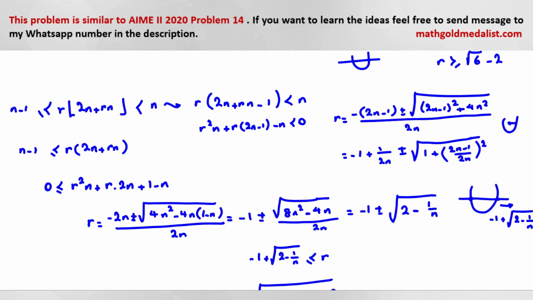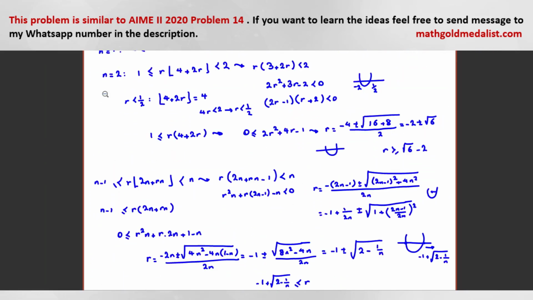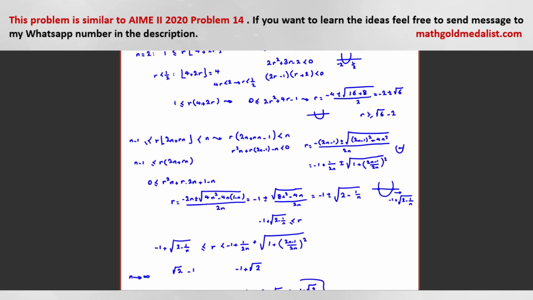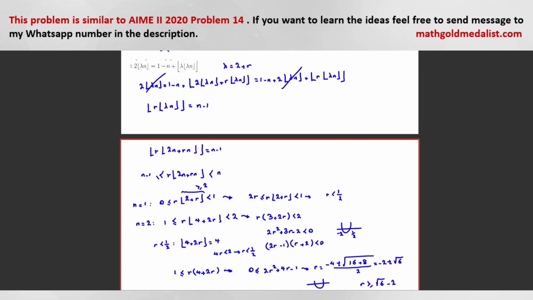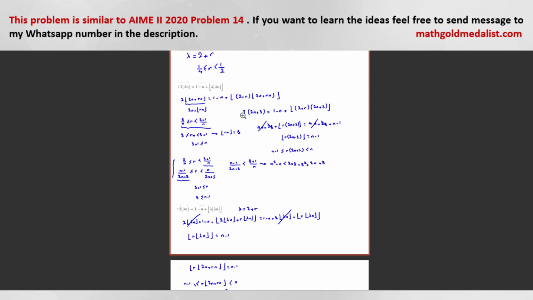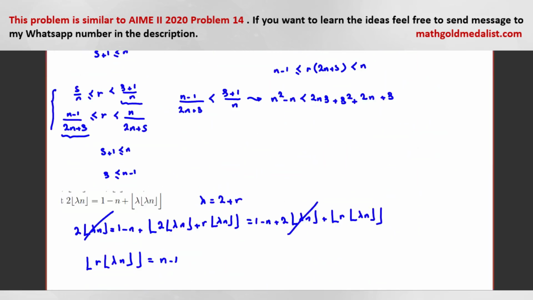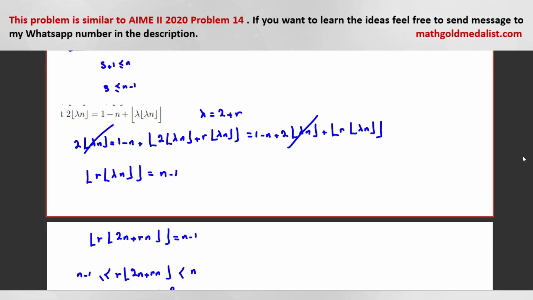Understood, or want me to explain more? After you get that lambda is 2 plus r, what's next? Okay, so let me tell you the important parts that we did. By a small example, we understood that r is 2 plus something and lambda is 2 plus r, right?